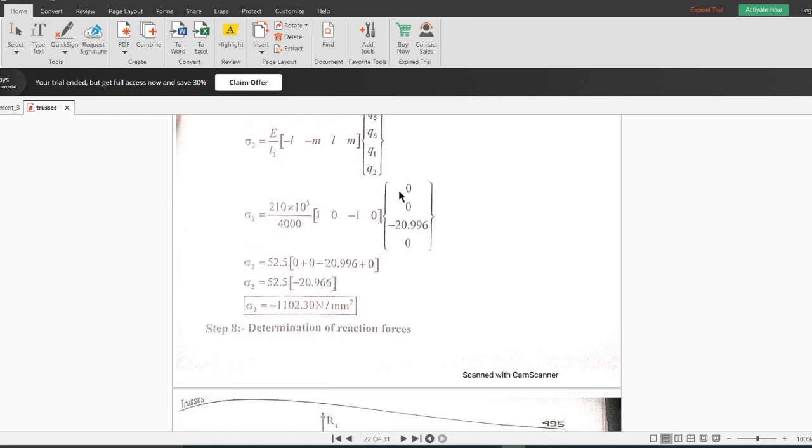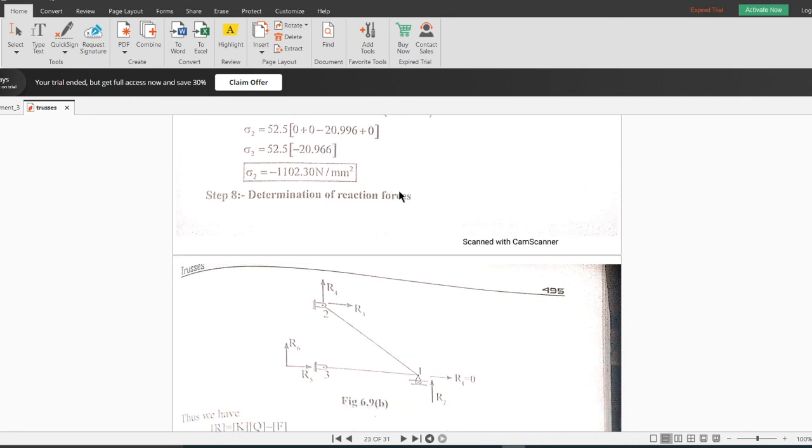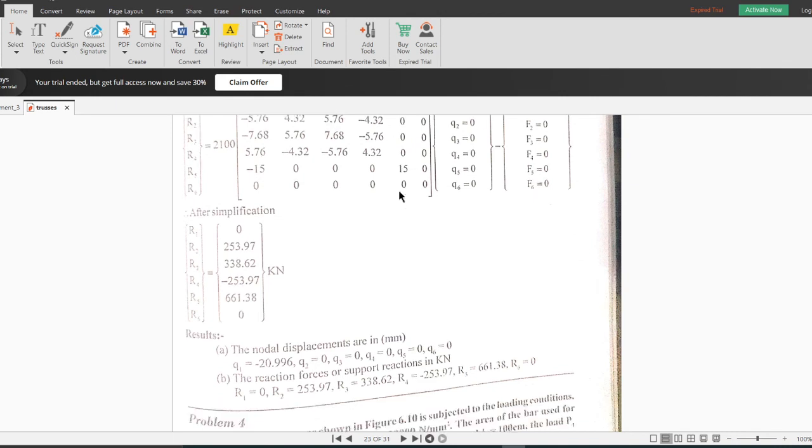Sigma 2 is 1102.3 Newton per mm square. And reactions are: R1 0, R2 253.97, R3 338.62 kilonewton.